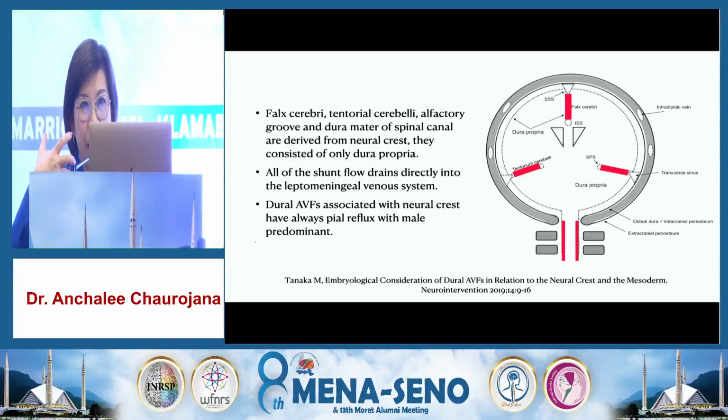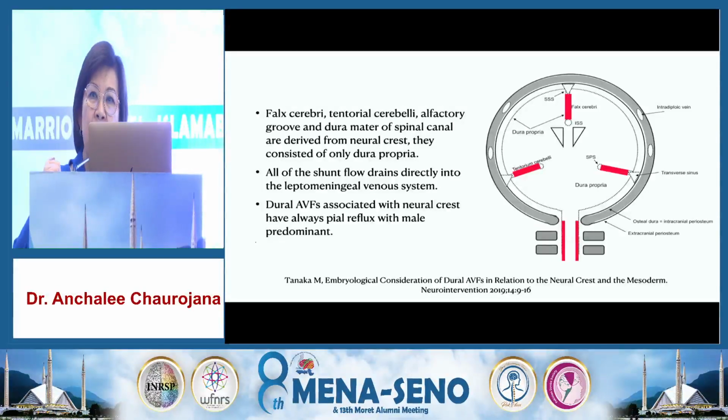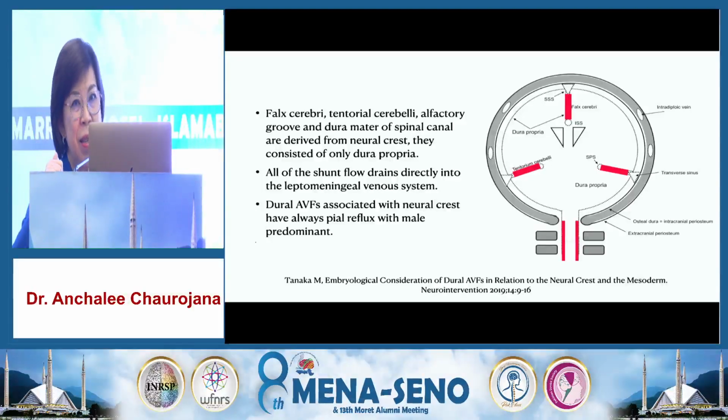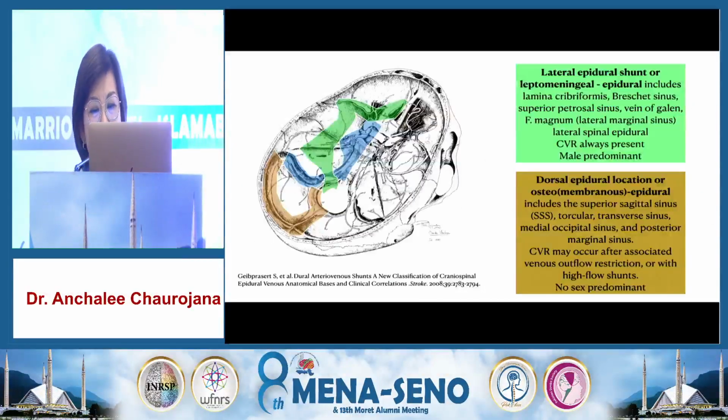So once a dural shunt occurs there, it usually has direct retrograde venous drainage into the leptomeningeal venous system. That means if the shunt occurs at the falx cerebri, the tentorium cerebelli, and also at the spinal level, it almost always has cortical reflux, which means it is aggressive.